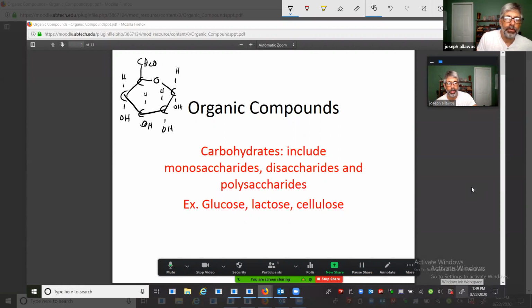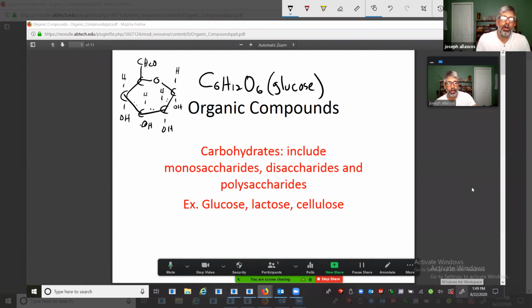Okay, and so remember what these lines represent. Every time you see a dashed line, for example, between these carbons, that represents a covalent bond. Look at all the covalent bonds that you're looking at here. If you add all these up, you get C6H12O6, which is glucose or a glucose-like monomer.